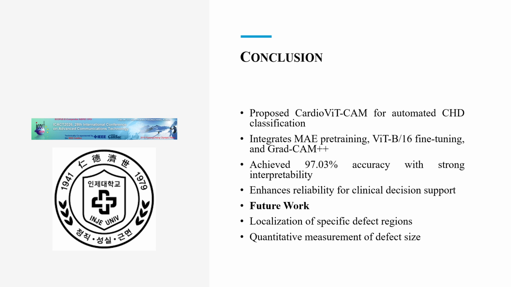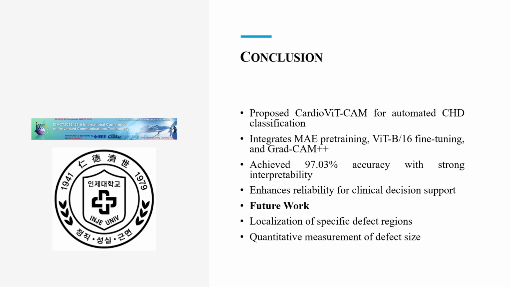So here is the conclusion. In conclusion, we propose Cardio Vit-CAM, an interpretable deep learning framework for automated CHD classification. The model integrates a masked autoencoder for self-supervised pre-training, a vision transformer for fine-tuning, and Vit-CAM++ explainability.